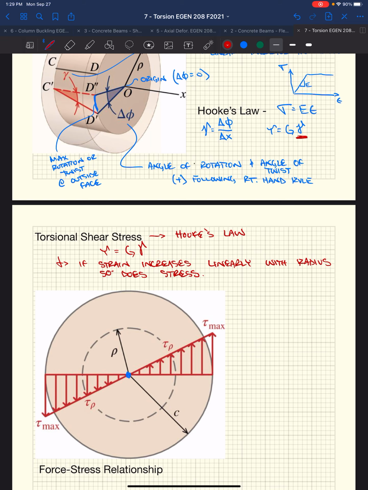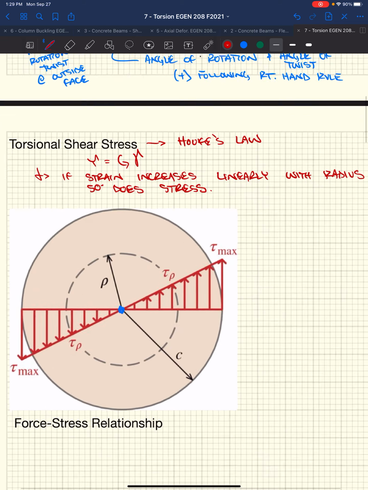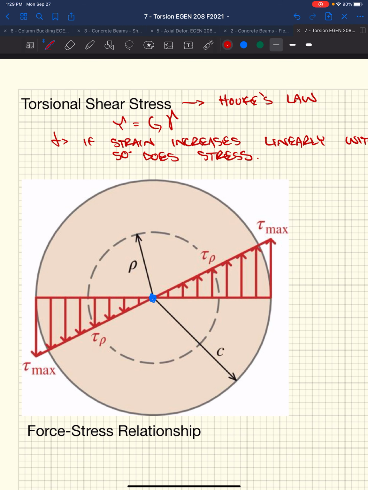So we'd get a cross-section that looks something like this. This would be looking at the end of our shaft as we induce a torque on this shaft. We're going to induce strain in the shaft. Because we have strain, we're going to have stress. It's going to be 0 at the center because we don't have any strain at the center. As we work our way out, it's going to rotate more and more because we've rotated that shaft more and more as we go to the outside. We're going to get more and more stress until we get a maximum at the outside.